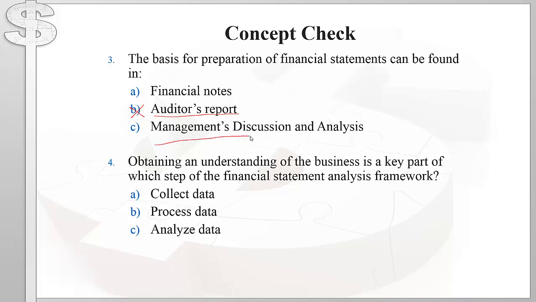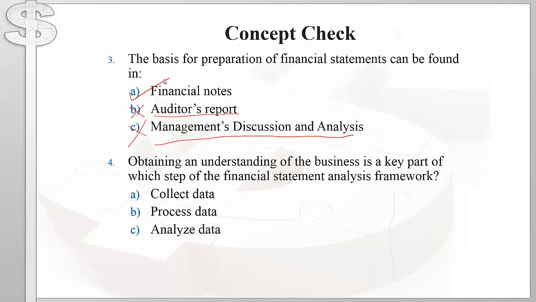Management's discussion and analysis, as we noted earlier, is the management's take on the business, how it has performed. Most of the information in this section is unaudited. This does not talk about the basis for preparation. It is the financial notes where we get information about the assumptions used in preparing the financial statements.